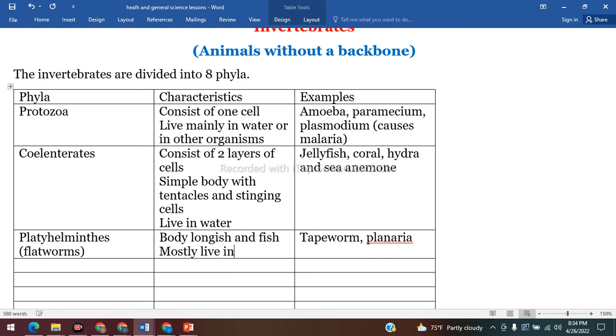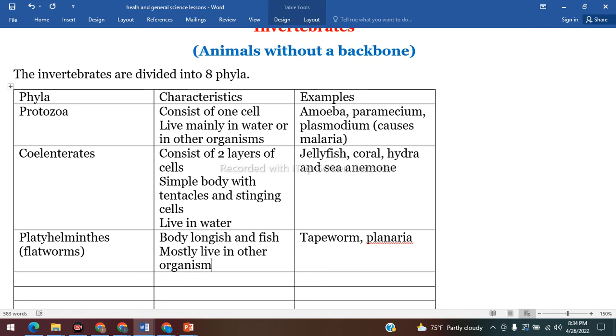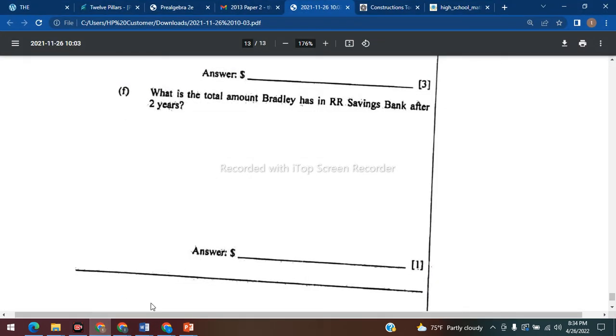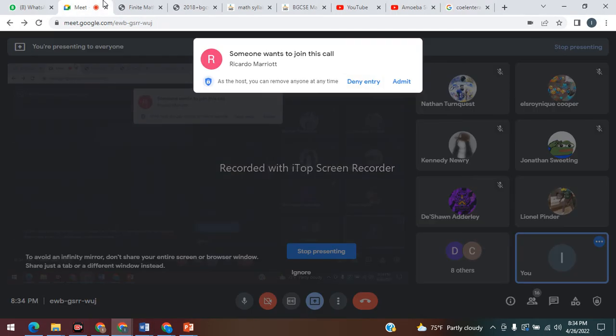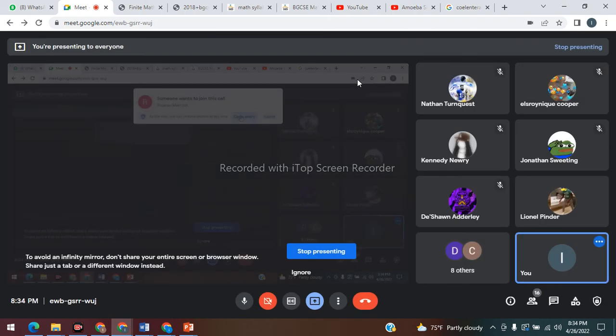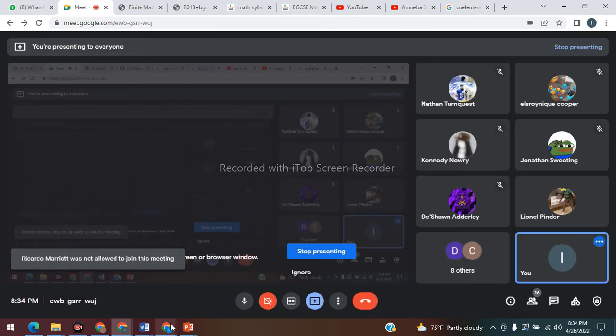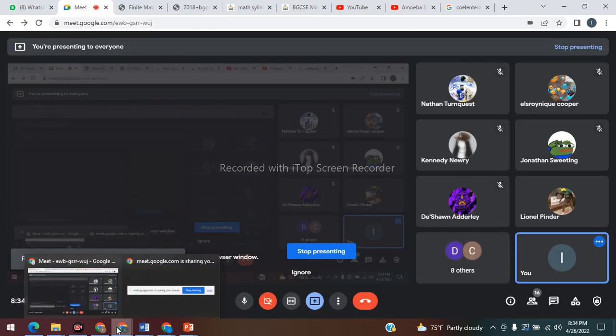They mostly live in other organisms, and they make you feel some type of way, right? Like they make you feel, how should I say it, I don't want to say wormy, but yucky. That's the word. Am I right? When you look at them. Or is it just me?